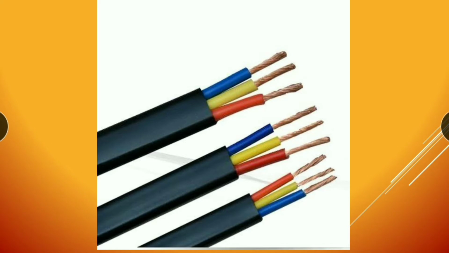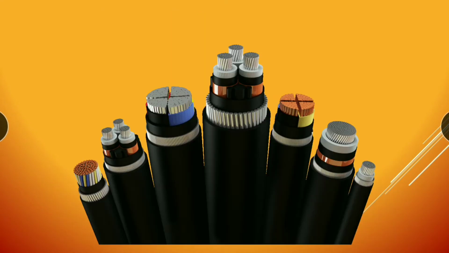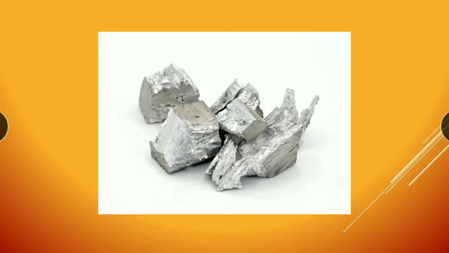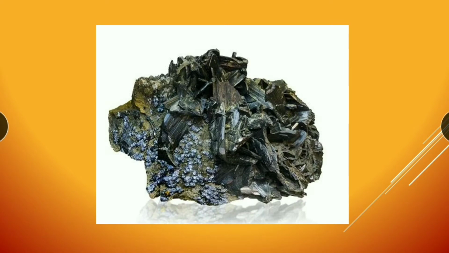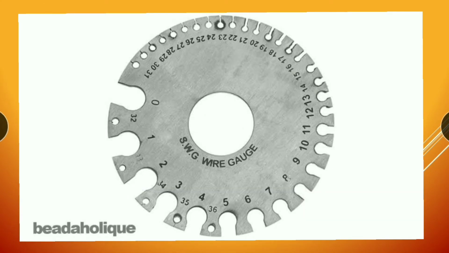You might have seen electric wires which are used at your home. Okay. Now iron, magnesium and tungsten metals are also quite ductile and can be drawn into wires. Iron wires are used for making wire gauges.